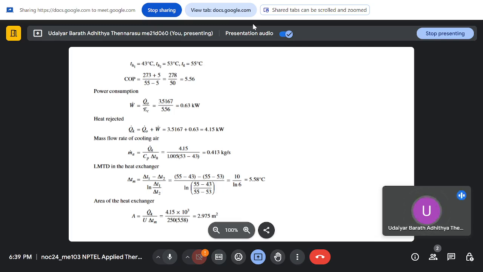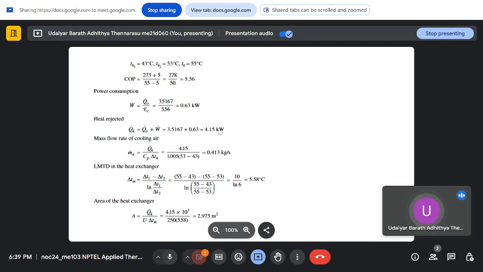We know the heat added in the evaporator, plus the work done, is what is getting rejected in the condenser. So the condenser heat rejection is equal to 3.5167, which is the cooling capacity, plus the work input to the system, which is 0.63, which will give you 4.15 kilowatt. So this is the total amount of heat which is getting rejected in the condenser.